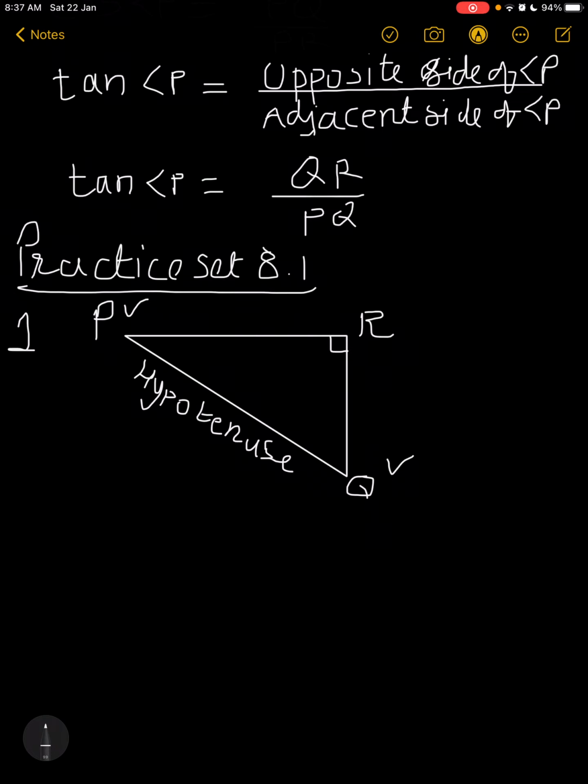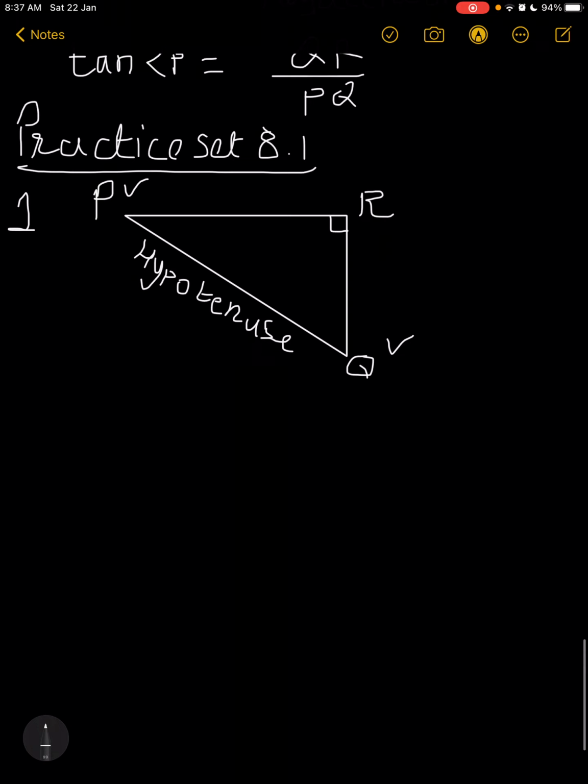Now question number 1 of this example is to write the ratio like sine P. So this is your first answer. I'll take the help of the definition, which means we are going to write the definition and the ratio.